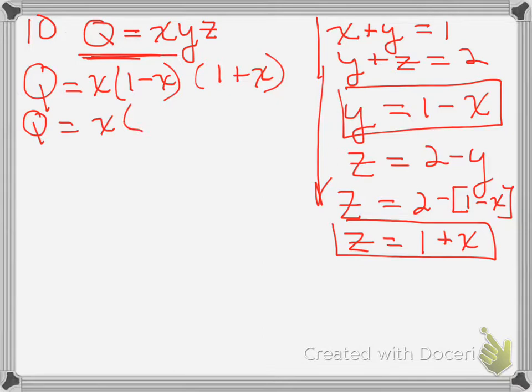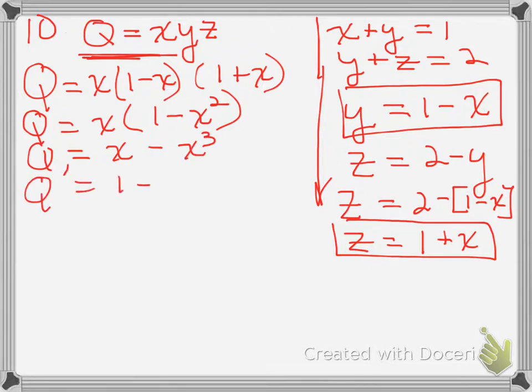And if I FOIL it, I will get 1 minus x squared. Okay, one more step, and I'm ready to take the derivative. x minus x cubed. So q prime equals 1 minus 3x squared, and q prime prime equals minus 6x.